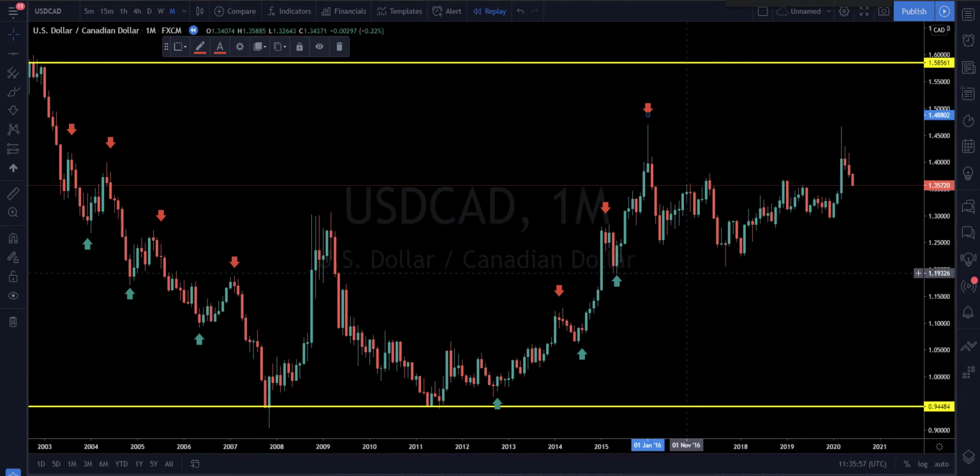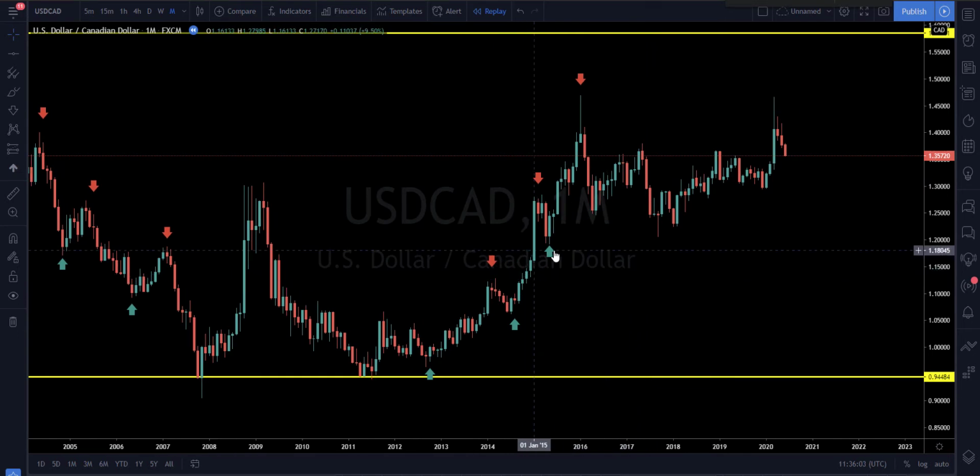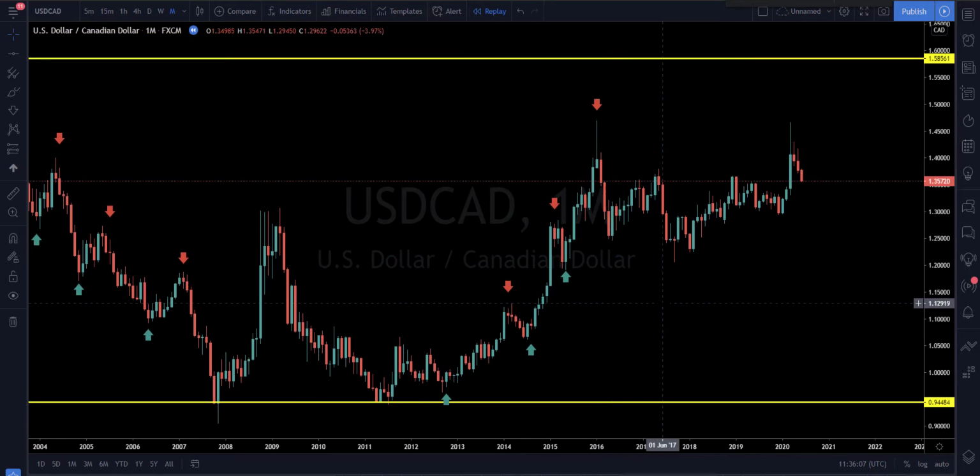We will be using multiple time frames to determine the trend and our entries. We're going to be using monthly, weekly, daily and 4-hour charts, and the currency pair is USD CAD.